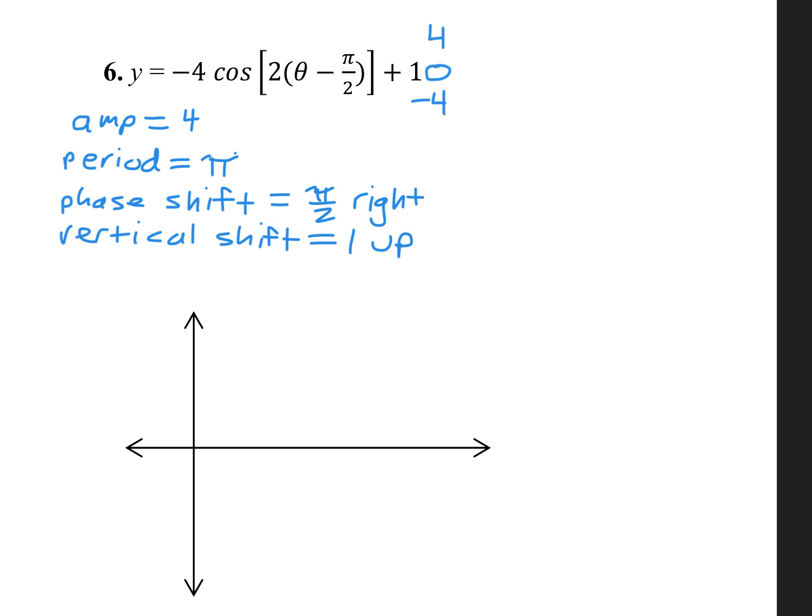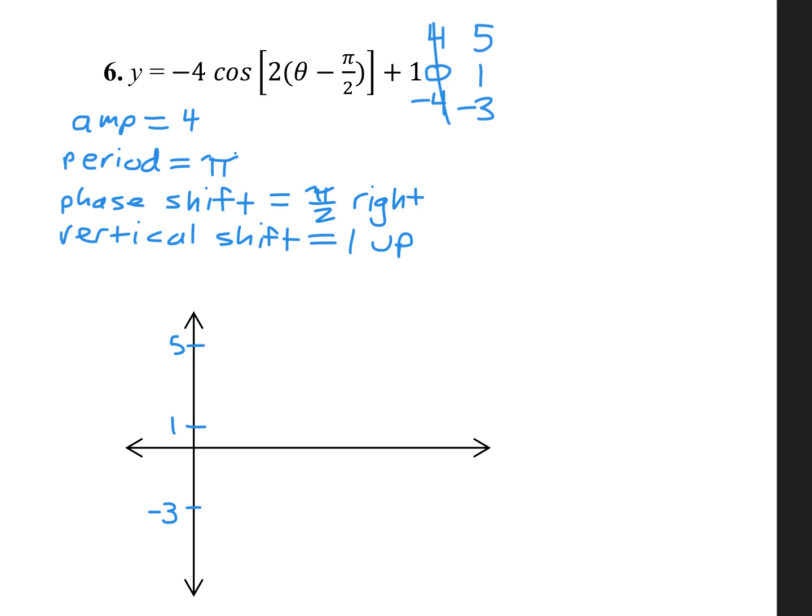If all of those are going to get increased by 1, our top level is going to be at 5, our middle level is going to be at 1, and our bottom level is going to be at -3. All right, so I'll just kind of estimate 5 is like there, 1 is here, and -3 is around here.